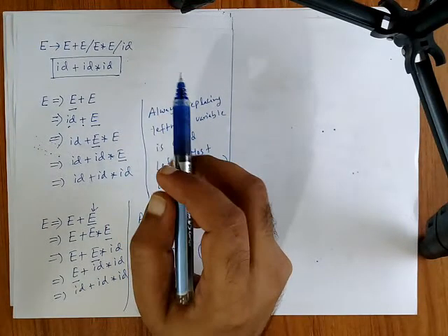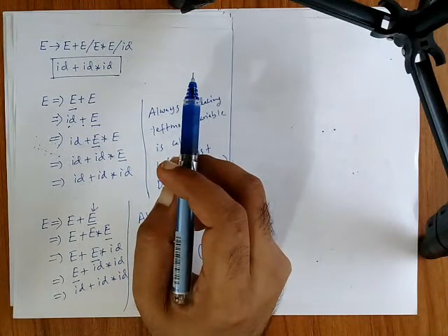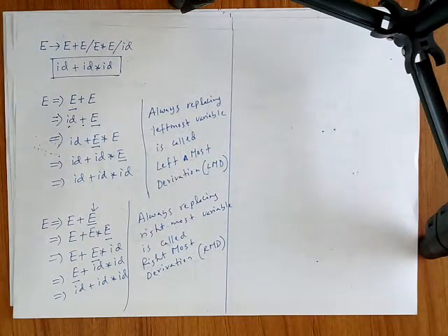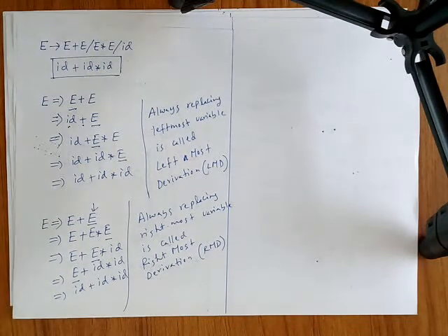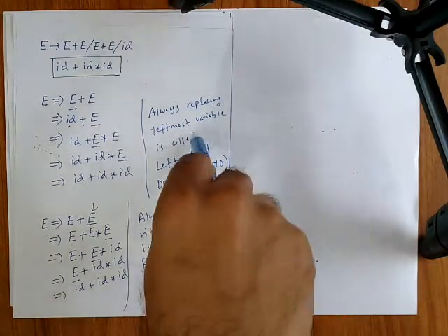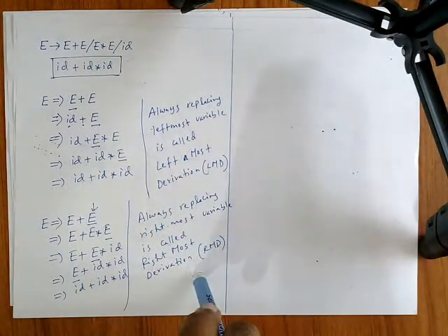Any question? Yes, please. What happened? So, this is called leftmost derivation, this is called rightmost derivation, right?